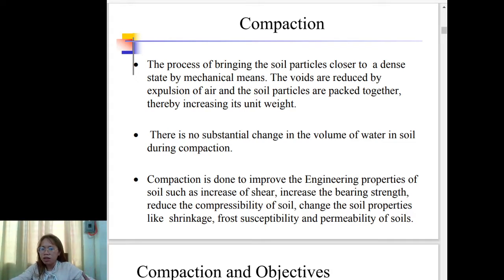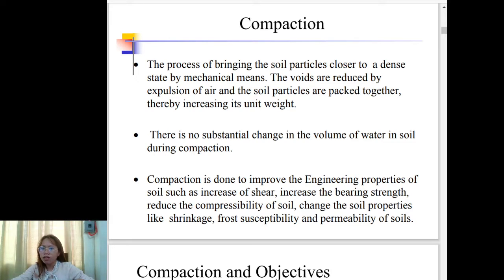There is no substantial change in the volume of water in soil during compaction. And compaction is done to improve the engineering properties of the soil, such as increase the shear strength, increase the bearing strength, reduce the compressibility of soil, and change the soil properties like shrinkage, frost susceptibility, and permeability of soil.